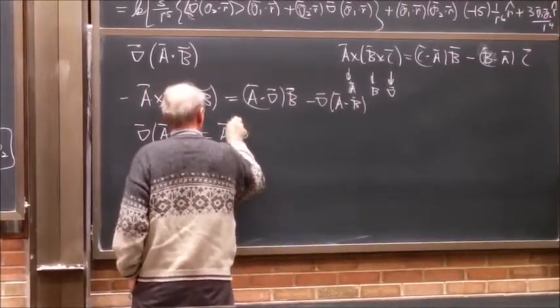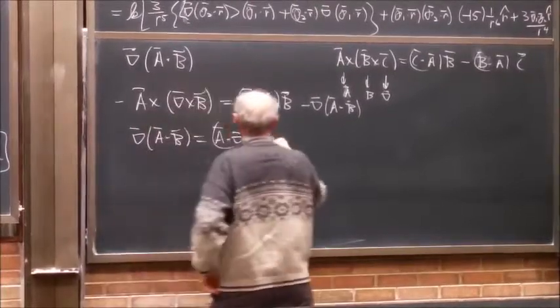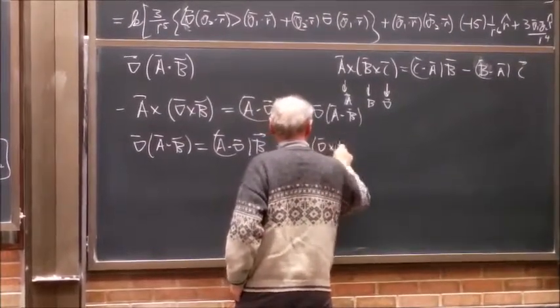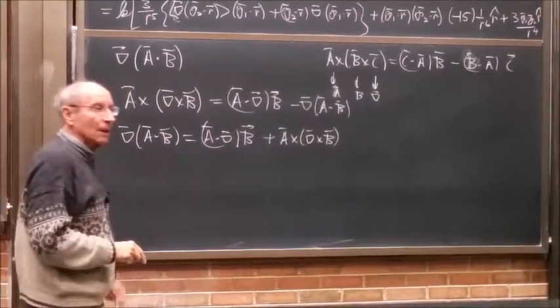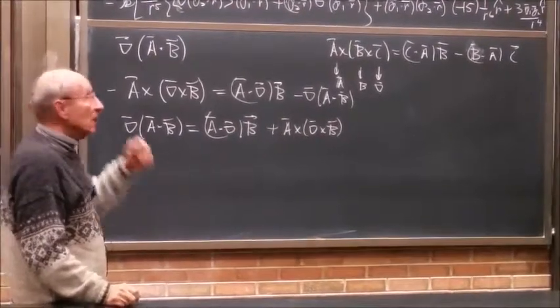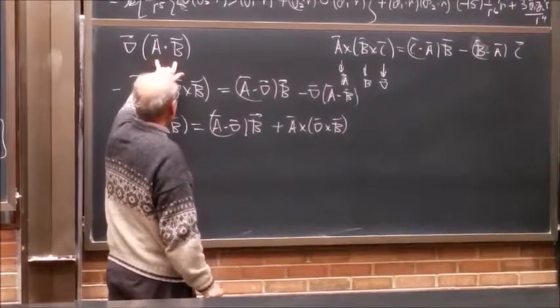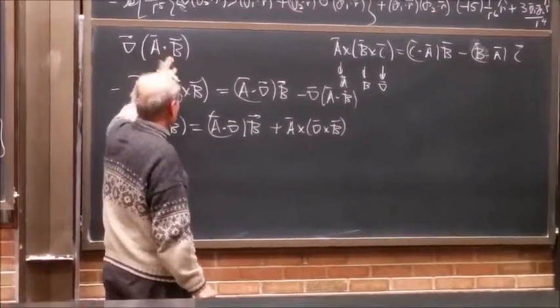So let's put this over here, that over there, and we get gradient A dot B equals A dot del on B. Now this comes over here, it becomes a plus A cross the curl of B. So that's operating on B. Now I have to operate on A. Well, the dot product is the same A dot B as B dot A, so there won't be any sign change in reversing these.